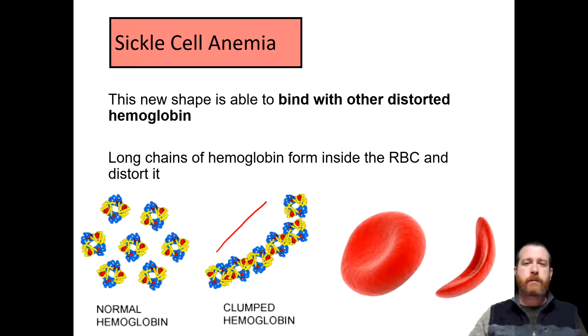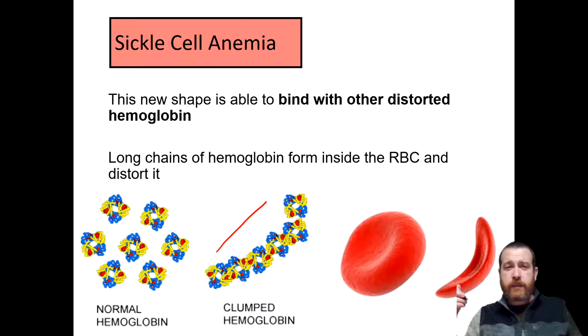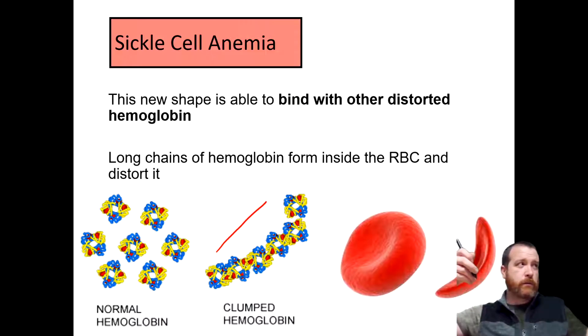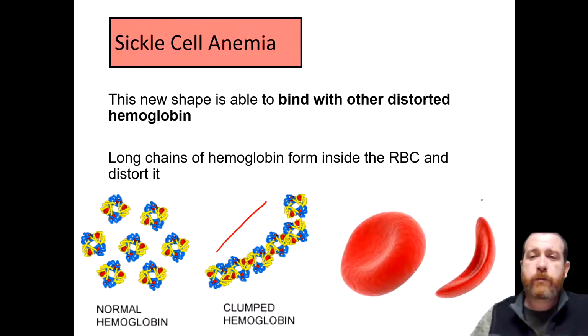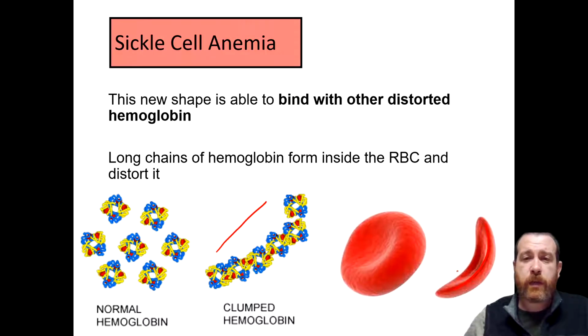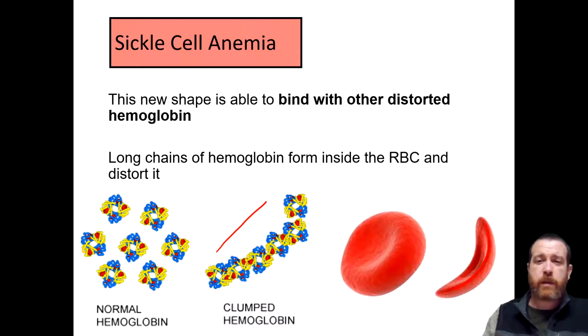If you could imagine this hemoglobin being a rod that's extending itself, as this molecule becomes deoxygenated, it gets stickier and the rod gets longer and longer and longer. Well, that's going to cause this long rod to misshape the actual erythrocyte. It's going to cause this half-moon crescent shape, or this sickle cell shape, right?